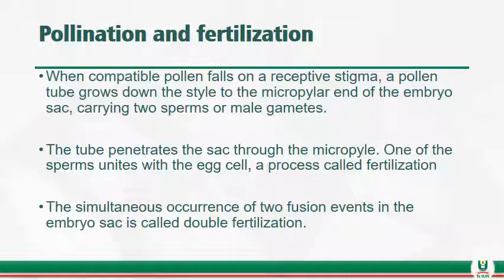It's just like when you have twins in human beings, two eggs are produced at the same time, and then two sperms fertilize the two eggs at the same time. So that is called double fertilization.